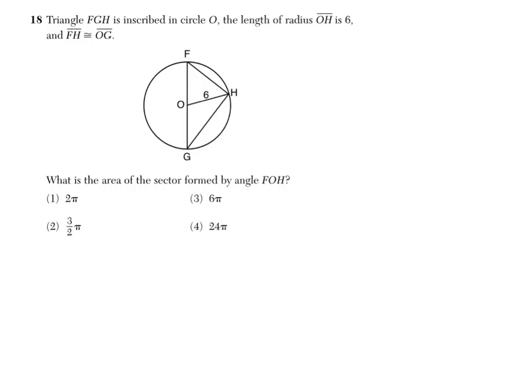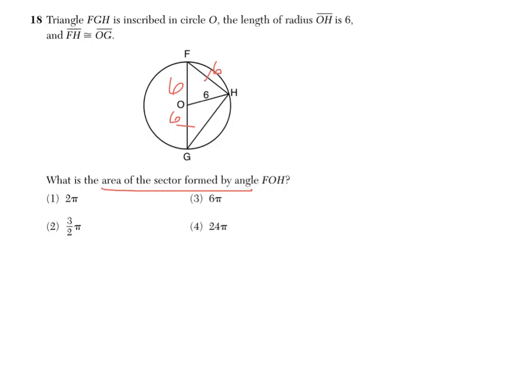18. Triangle FGH is inscribed in circle O. The length of radius OH is 6, and FH is congruent to OG. So FH is congruent to OG, and we know OG to be a radius, and we are given OH. So this is 6, this is 6, and this is 6. What is the area of the sector formed by angle FOH?